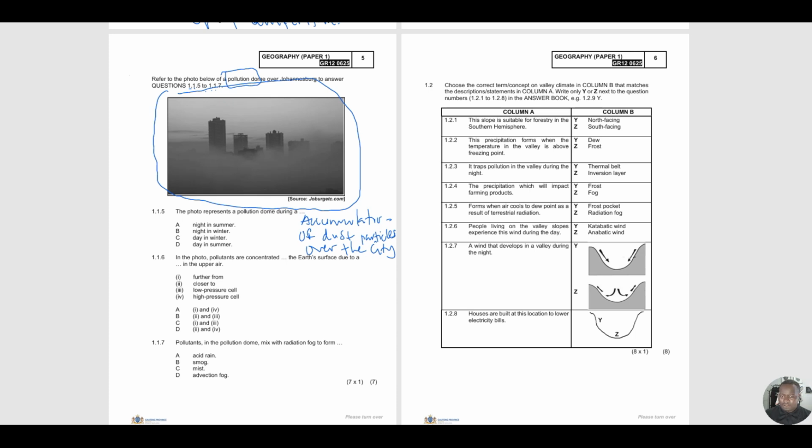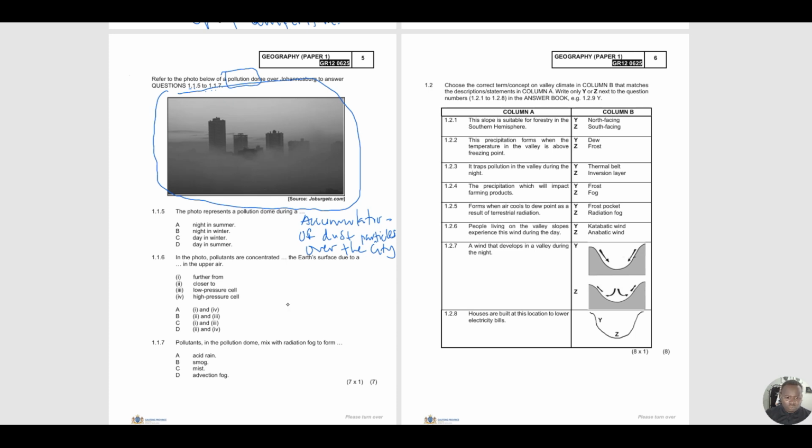Therefore, the descending winds are going to push the inversion layer closer to the surface at night, because there's more wind going down, unlike during the day, whereby the inversion layer will be slightly uplifted by the warm air.